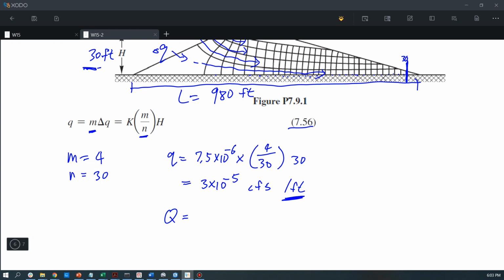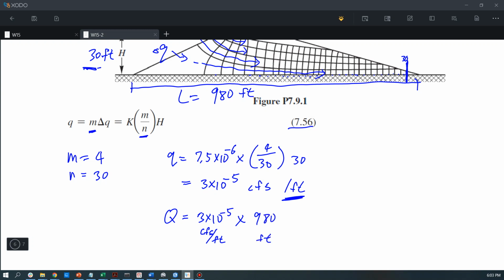This small q times, and I also write the unit here for your reference, times the length of this leaf, that is 980 feet.